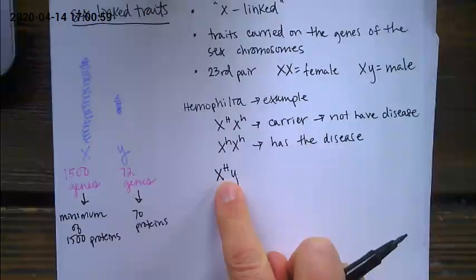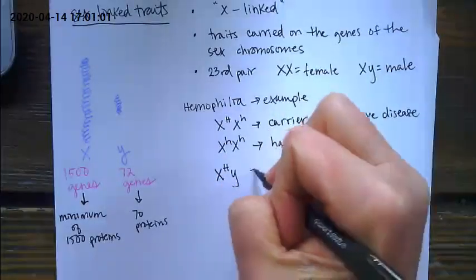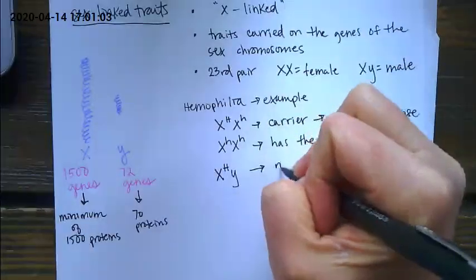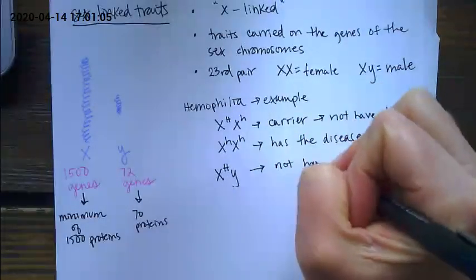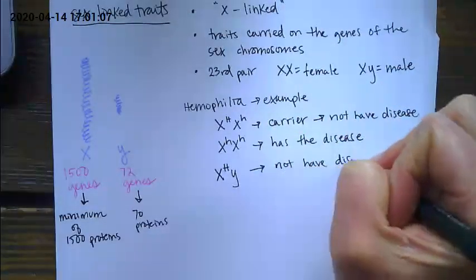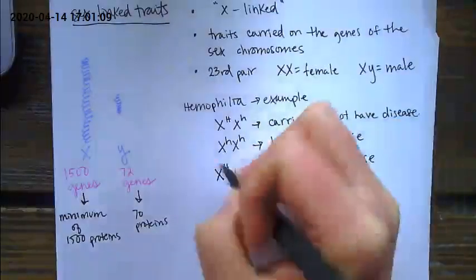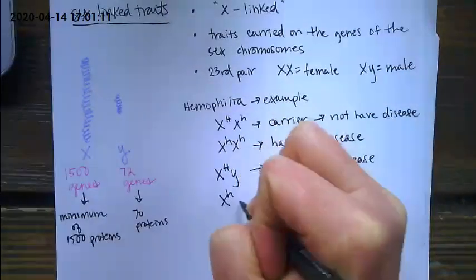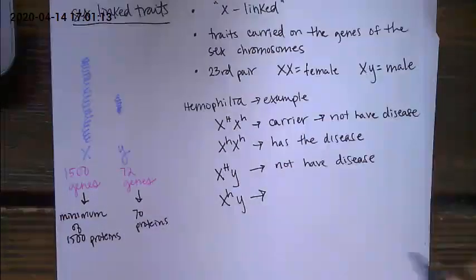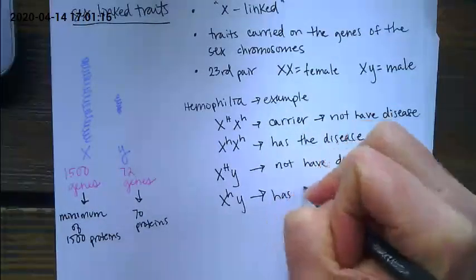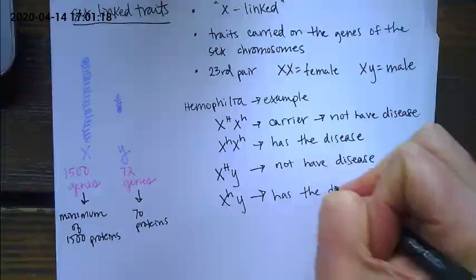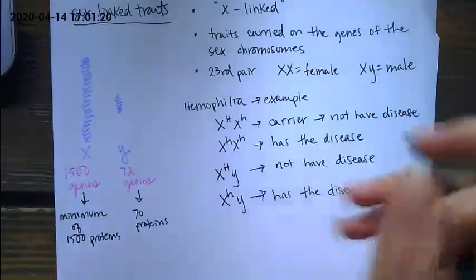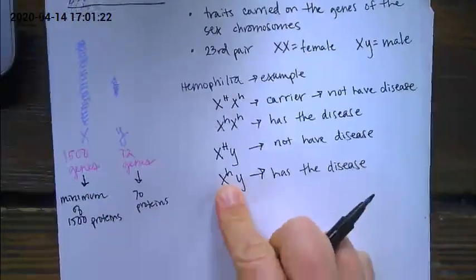He inherited a good X chromosome, and so he does not have the disease. But this guy has the disease because he inherited a faulty X chromosome.